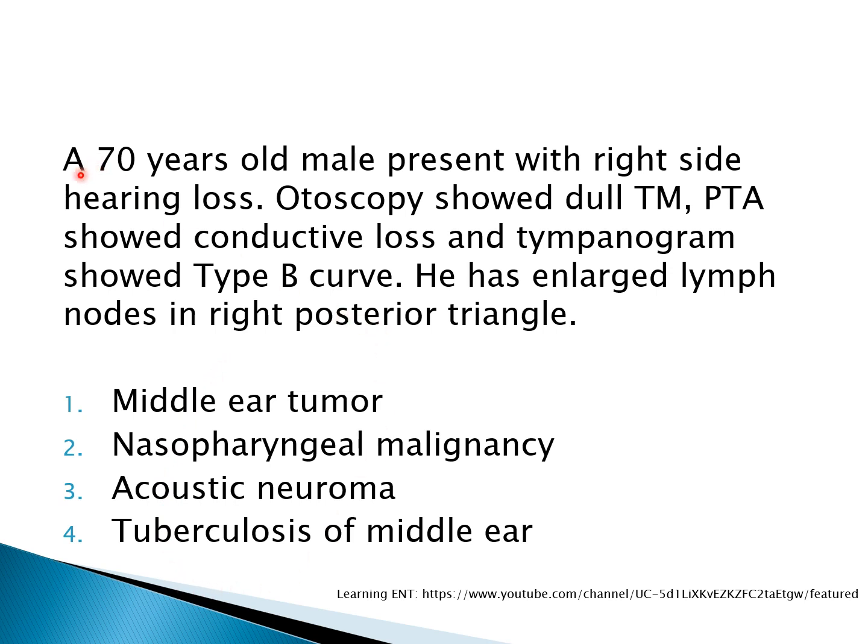Now here, when we see the age of the patient, we know that we have been talking about secretory otitis media as a very common pathology in children. But this question I have specifically put to make you understand that sometimes secretory otitis media is also seen in adults, though the cause may be totally different from that of children. We'll see. So this is a 70-year-old male patient, right side hearing loss, dull tympanic membrane, conductive type, type B.